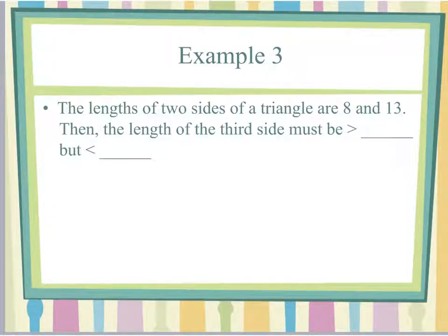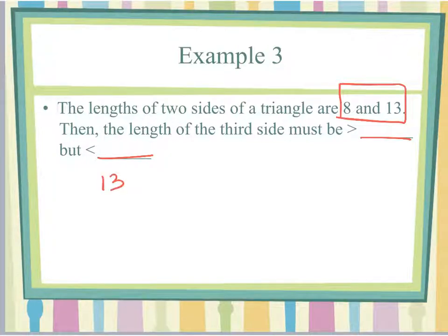So the next one, it states that the lengths of two sides of the triangle are 8 and 13. Then it's telling me the length of the third side must be greater than something but less than something else. And these two numbers we're going to fill in. We're going to find those numbers by taking the two sides that are given to us.